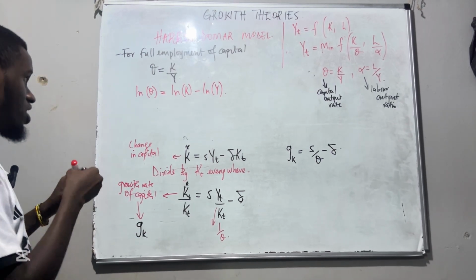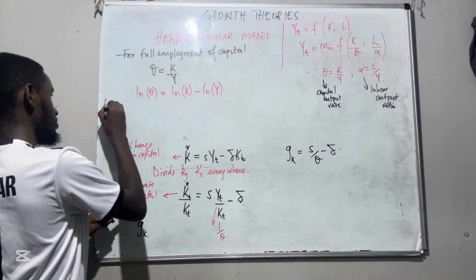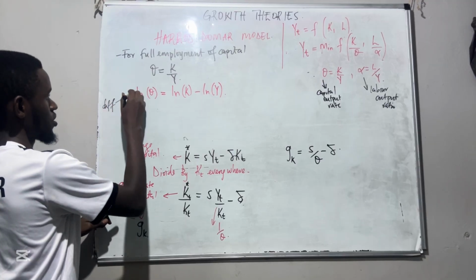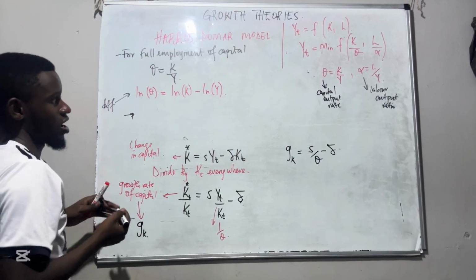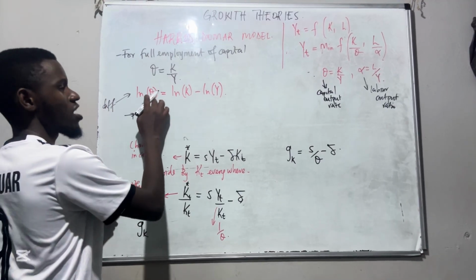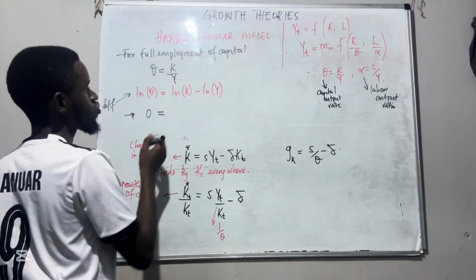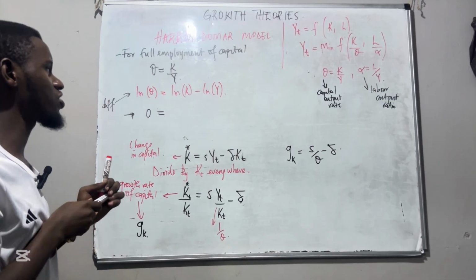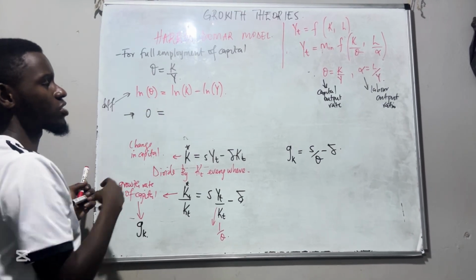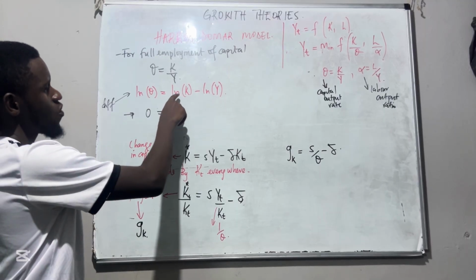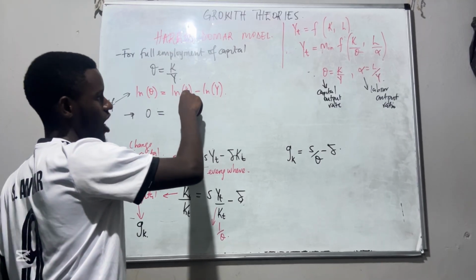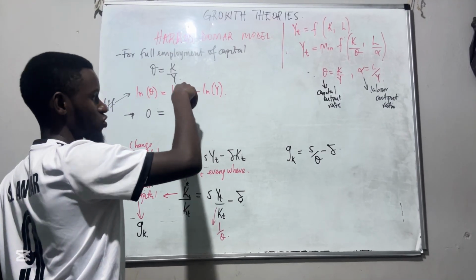Then I differentiate this function to get the next equation. If I differentiate a constant, I'll have a 0, then we go to equal to. But remember, when differentiating natural logarithms, we first differentiate the term inside, then divide it by the actual term which is there.